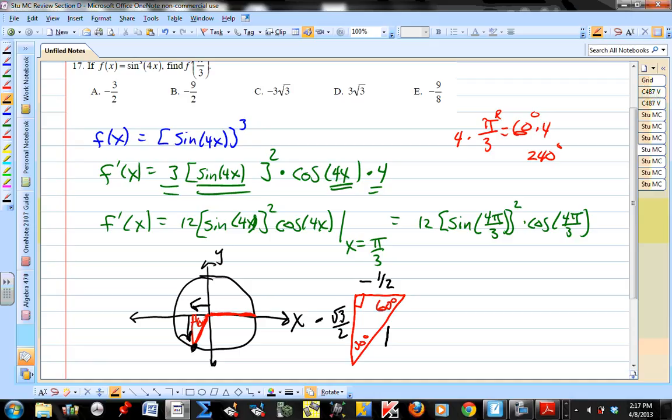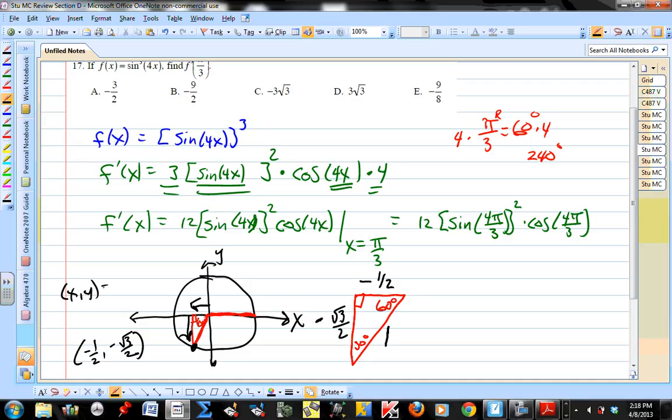Okay, so the coordinates of the point down here, where the terminal side of our angle intersects the unit circle, is at the point negative 1/2, comma, negative root 3 over 2. Now let's substitute and see what we can do. Remember that the sine of an angle corresponds to the y coordinate.